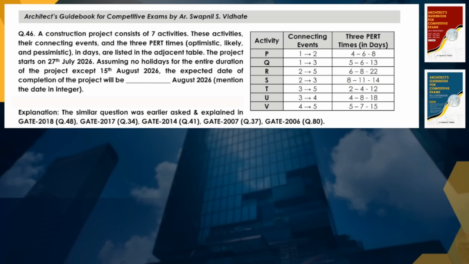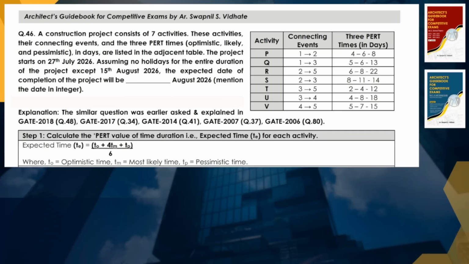We need to just find the values based on the formulas already provided in so many question papers. The first step, we will calculate the PERT expected time T for each activity from P to V. The formula for the expected time is T equal to T0 plus 4Tm plus Tp divided by 6.